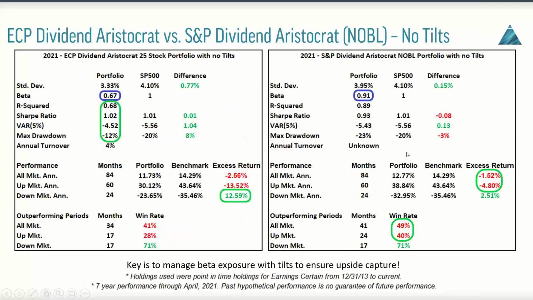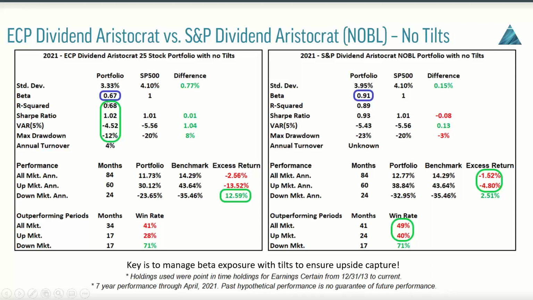So we'll move on to a side-by-side bake-off, and I've got a lot of this highlighted here. The highlights in blue are basically what we're managing to, and that's the 0.67 beta for the ECP Dividend Aristocrats, which gives us this phenomenal downside outperformance in down markets, versus the beta of 0.91 and the R squared actually of 0.89 for NOBL.